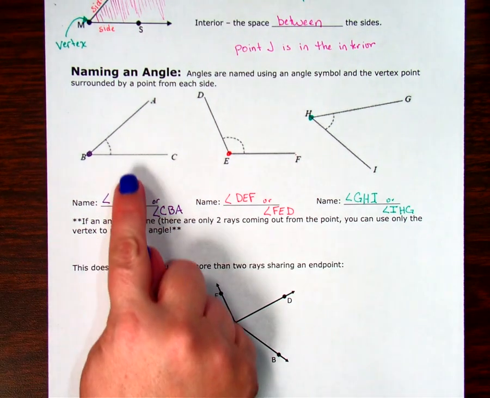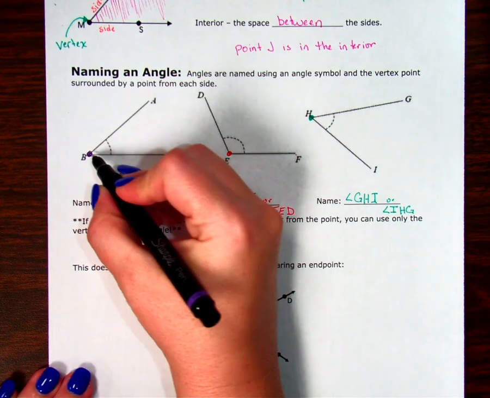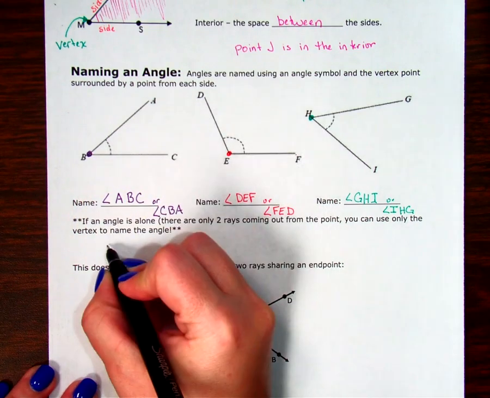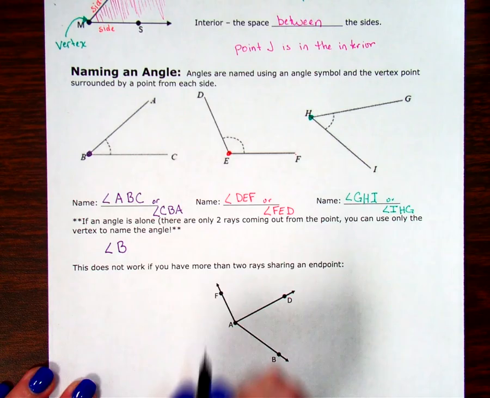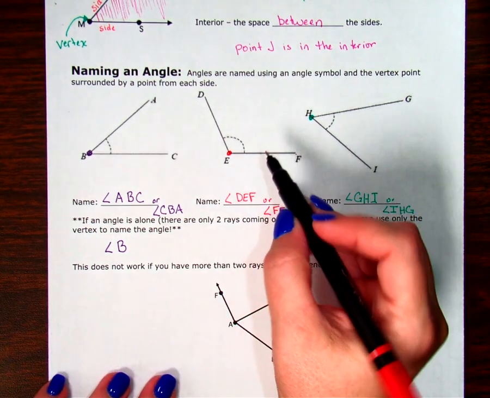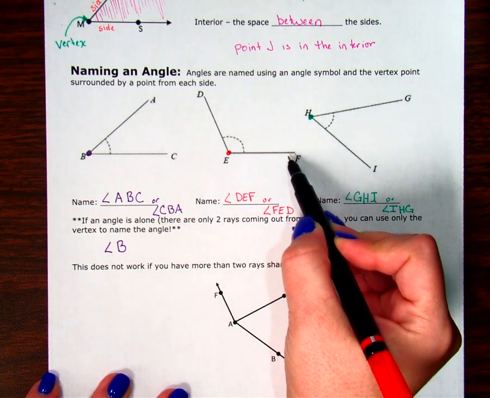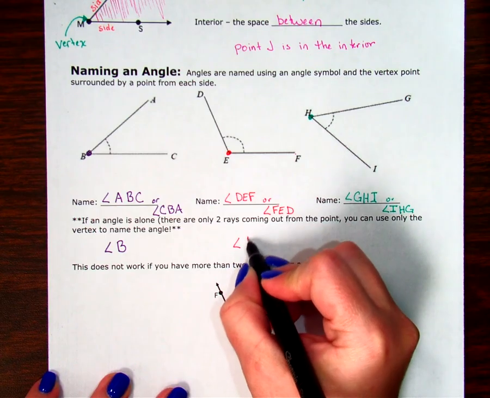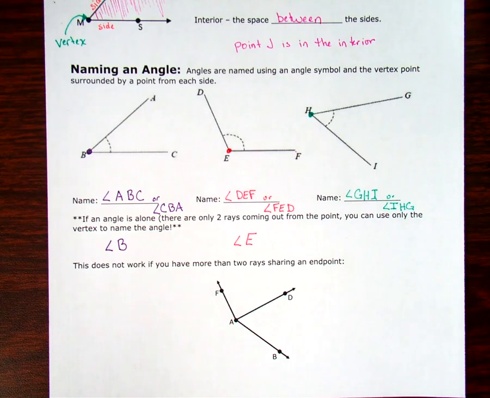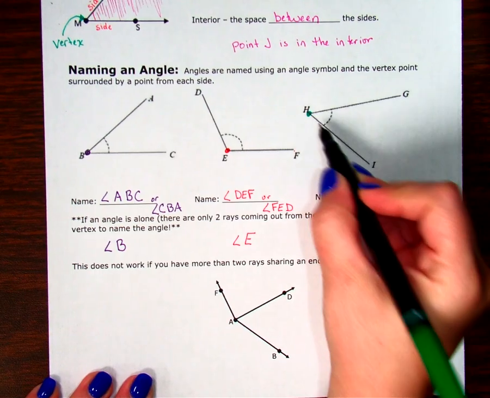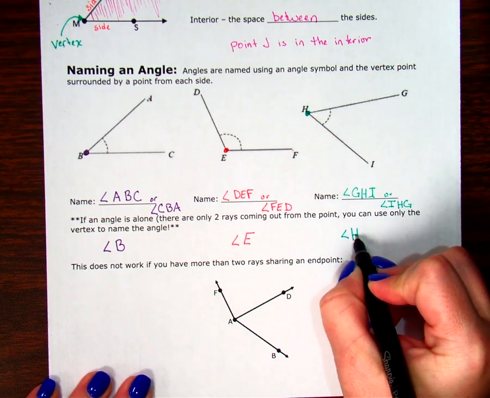So for example, this first angle, since there's only 2 segments coming out of point B, I could call this just angle B. The second one that I have, since I have D, E, F, and I just have the two sides coming out from E, I could call this just angle E. And then the last one, since I have just the two sides coming out of point H, I could call this just angle H.